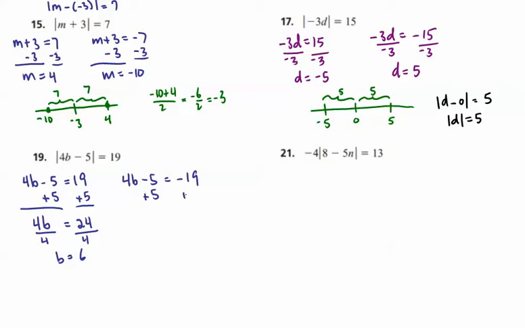Add 5 on both sides of the second equation, we get 4b is equal to negative 14. Dividing both sides by 4, b is equal to negative 7 halves, or negative 3.5.